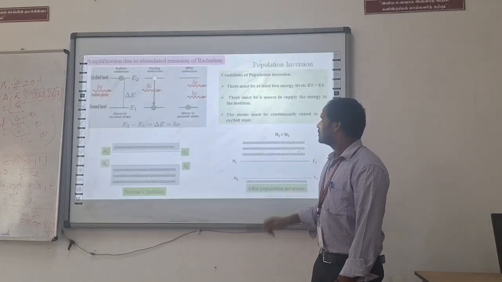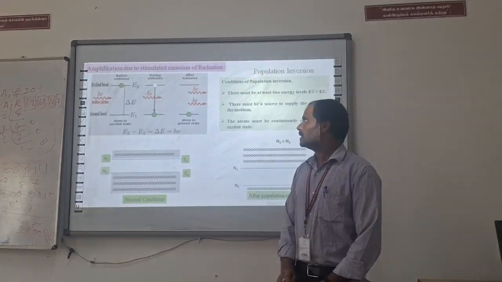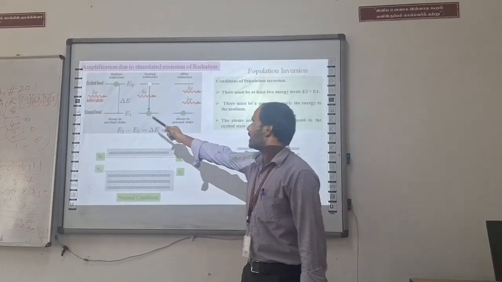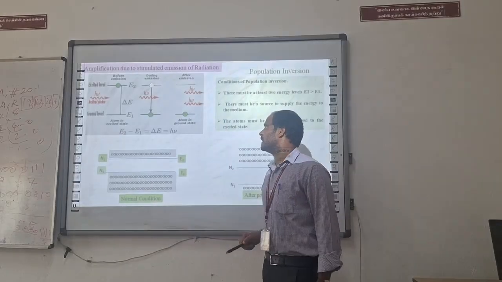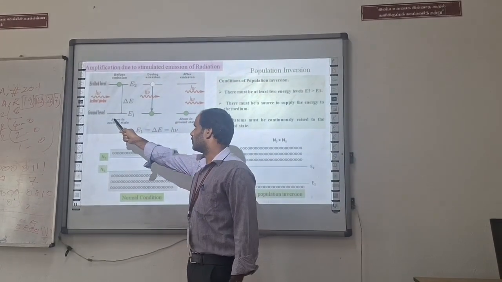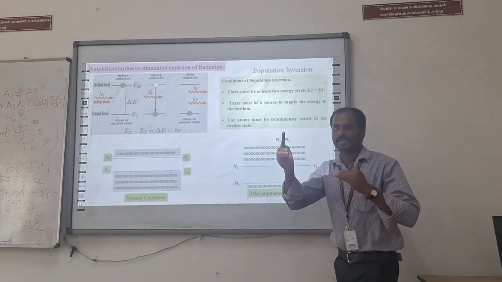Amplification is due to stimulated emission of radiation. There are three processes: stimulated absorption, spontaneous emission, and stimulated emission. In the first, an atom in the ground state energy level, with the help of an incident photon, moves to the excited state.